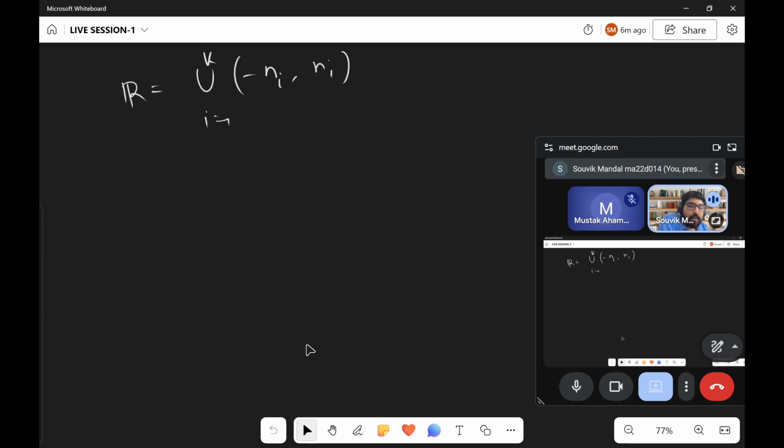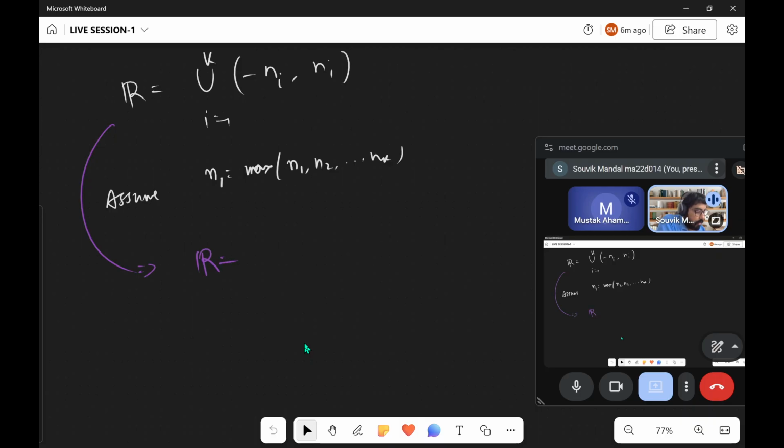Right. So without loss of generality, we may assume n_1 is equal to the max of n_1 to n_k. Then this implies R equals (-n_1, n_1).